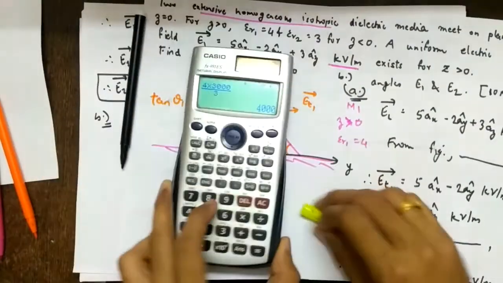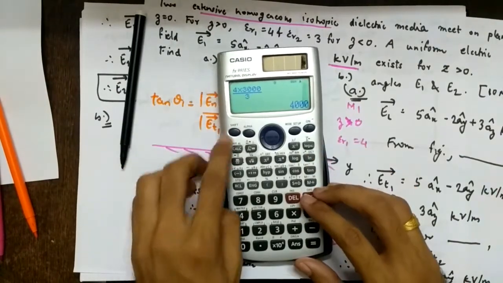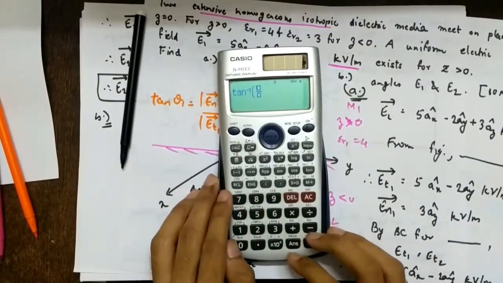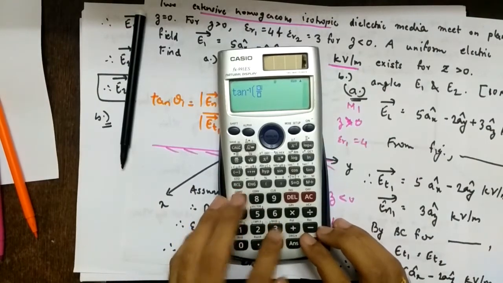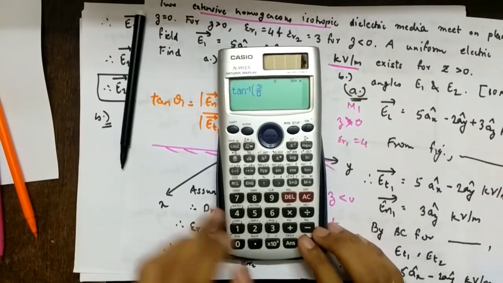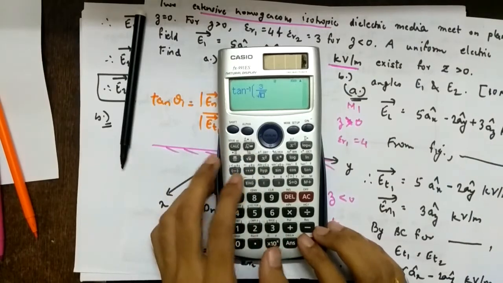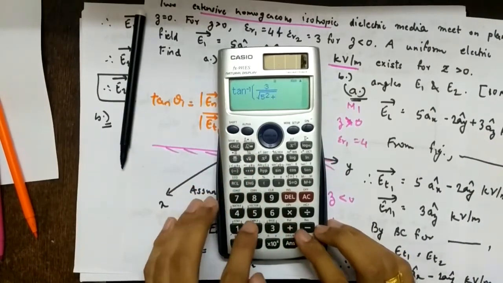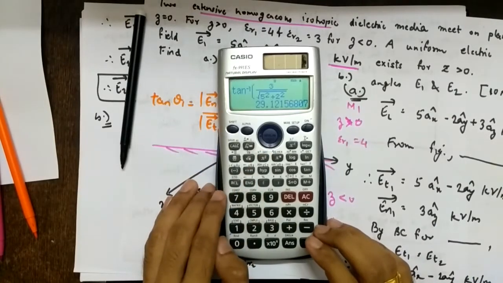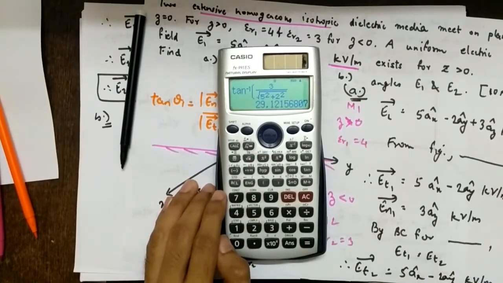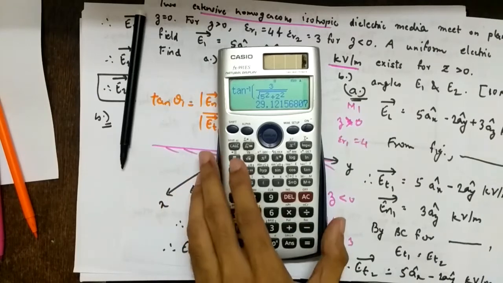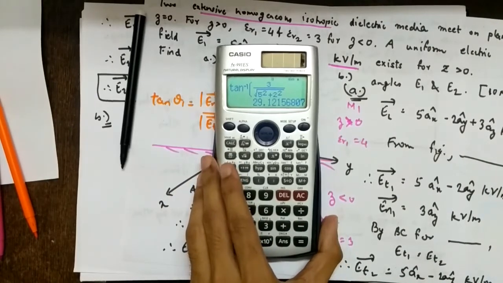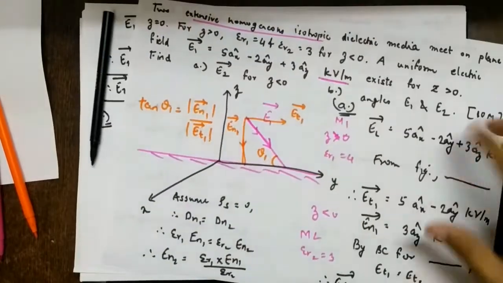So theta 1 will be tan inverse of En1, which is 3, I am not taking k but finally I will use k, upon square root of 5 squared plus 2 squared. So what are we getting? 29.12. So this was theta 1, right?